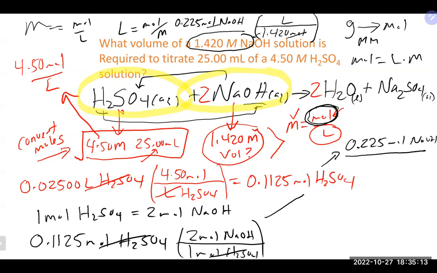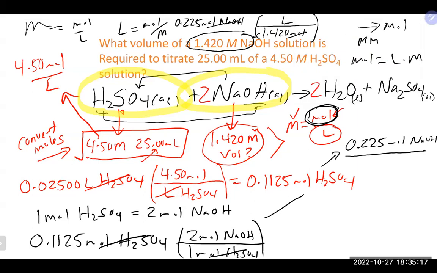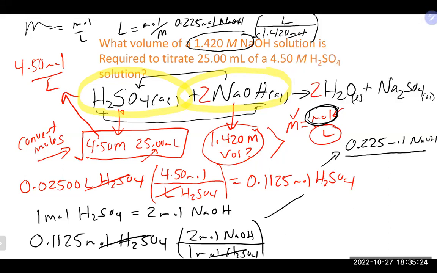That is going to cancel the moles. Let me just clear out some of this here. And if we do that, 0.225 divided by 1.420 gets us 0.158 liters of sodium hydroxide, which is approximately 158 milliliters of sodium hydroxide in this case.